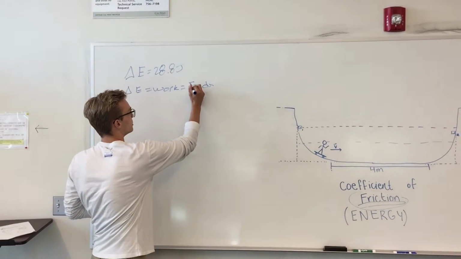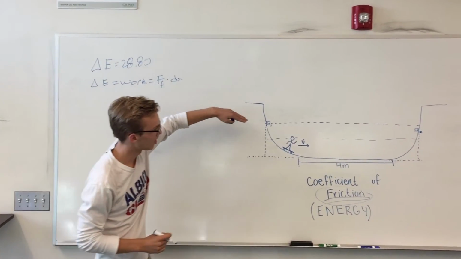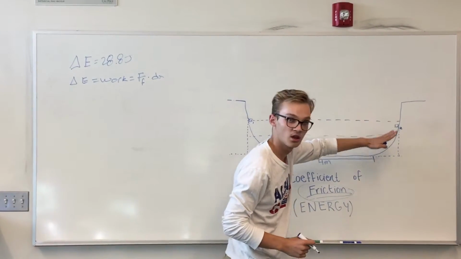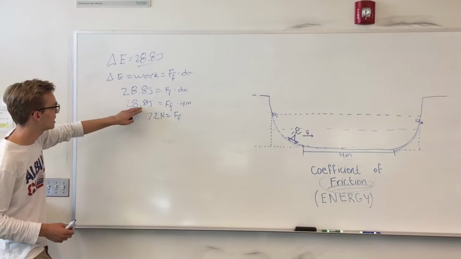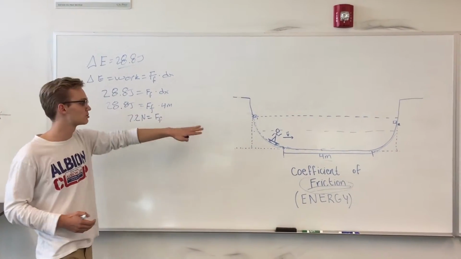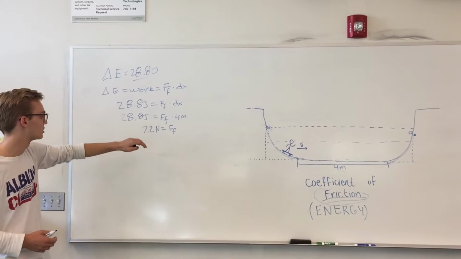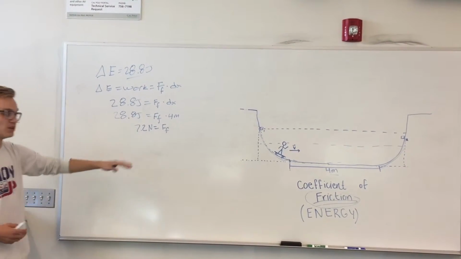So we can say the force of friction times the distance that our skateboarder traveled is going to equal our change in energy. And 28.8 joules equals the force of friction times 4 meters. And we'll explain this 4 meters when we're done. So this gives us that the force of friction equals 7.2 newtons.